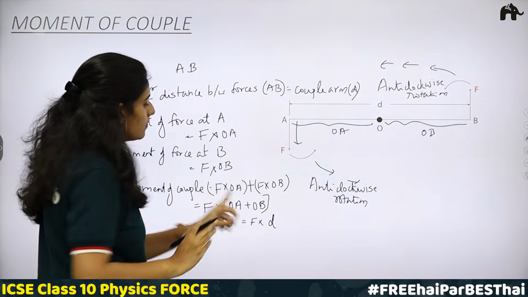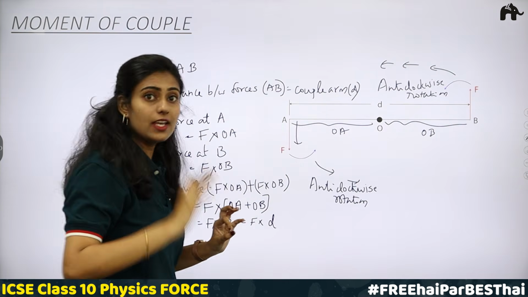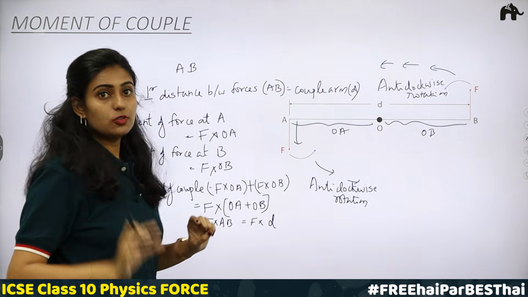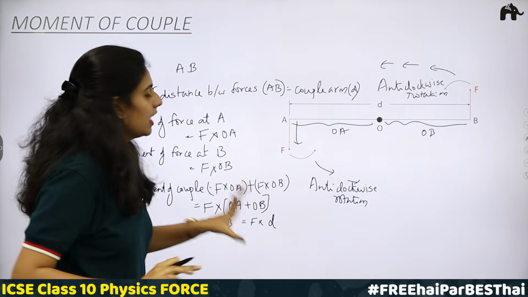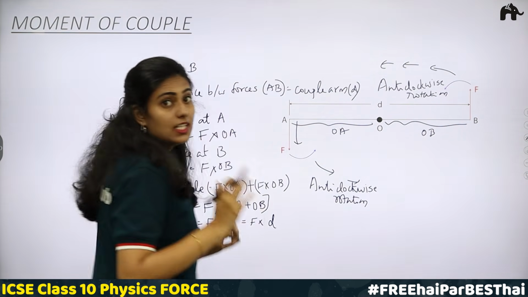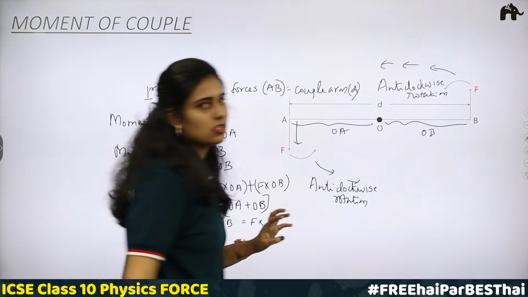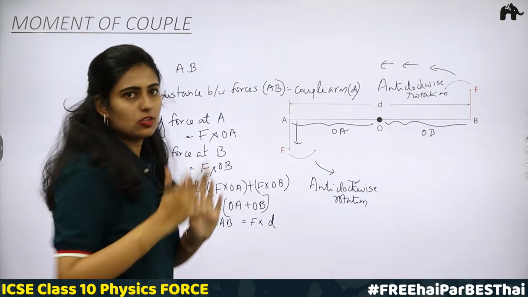It is the product of either force, any of the forces, because both forces are of equal magnitude. You just need the magnitude of force into the couple arm, or the distance between the points of application of the forces, or the perpendicular distance.